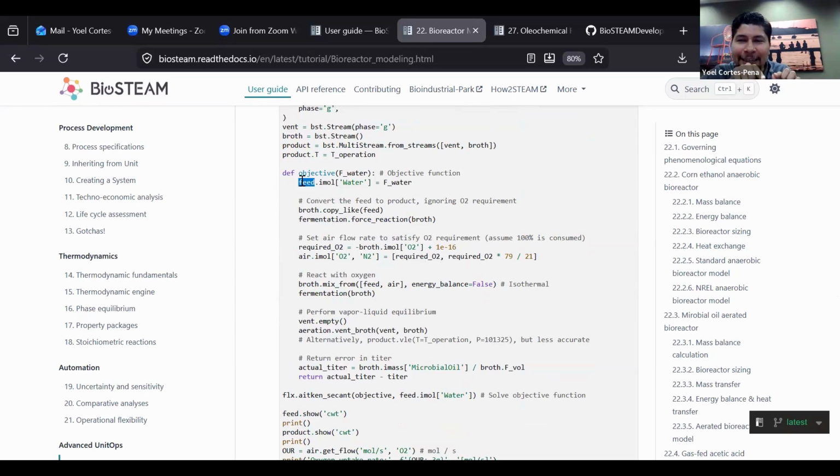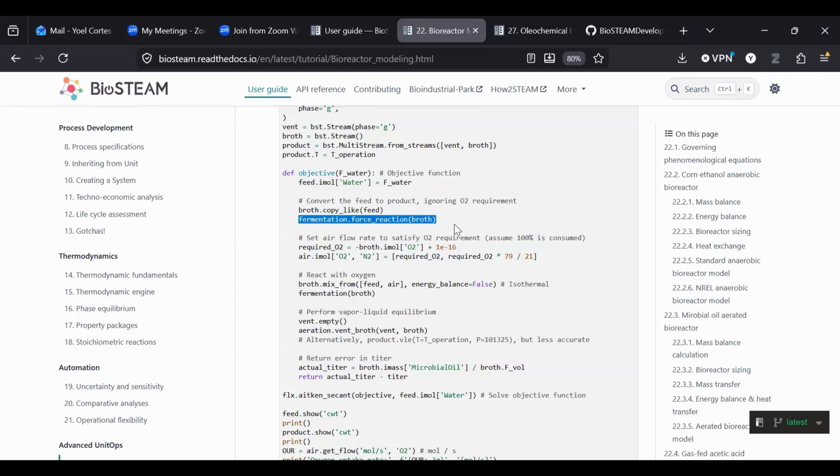Otherwise, we'd be introducing a bug into BioSTEAM where you're changing your inputs for a unit operation. So that's why we like to work on the product. So after we've copied the flows from your feed to your product, then you can react your product as done here. And that will give you the amount of ethanol coming out or microbial oil in your product stream. Does that make sense?